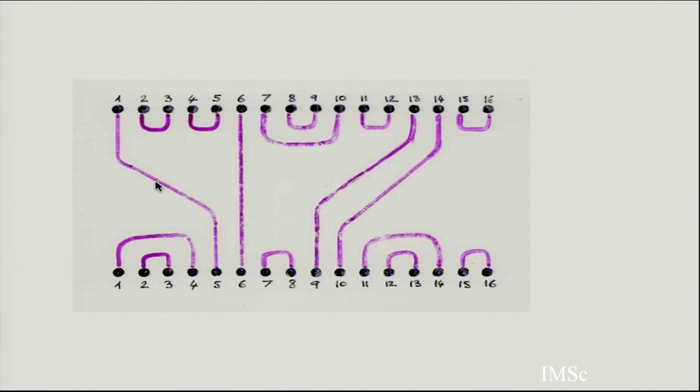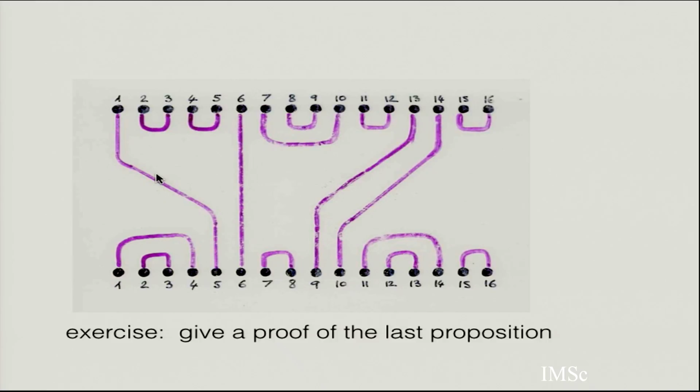So this can be done in the exercise. Give a proof of the proposition. I give the idea of the proof. You read from left to right, column by column. In the first column, between 1 and 2, there are 2 lines crossing the first column. So we are going to make a deformation of this line and put a dimer here.